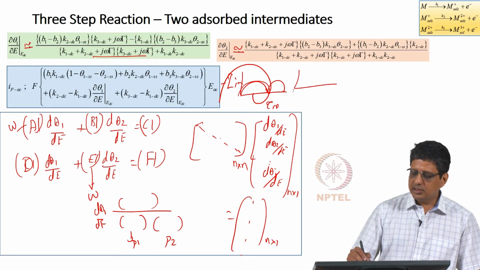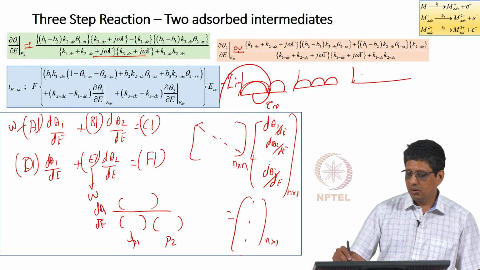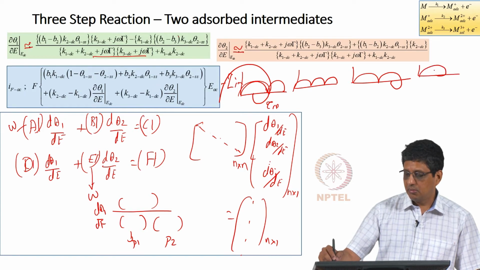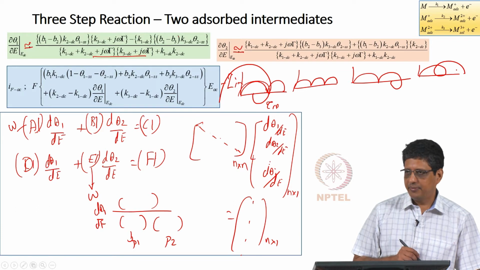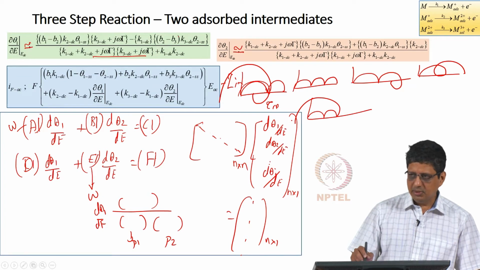If 2 time constants are possible, that means this is possible. This is possible. This is possible. Not with this mechanism, it will not go back here, but in general 2 time constants means this is possible.